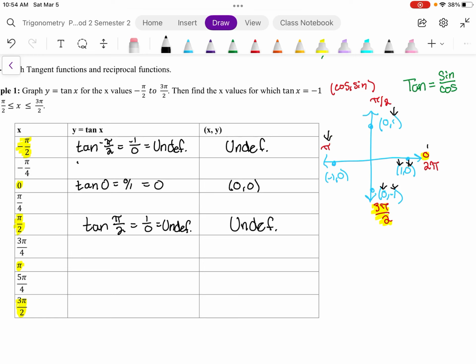And then the tangent of pi, that is going to be 0 over negative 1, which is just 0. And the tangent of 3 pi over 2, just like last time, that will be negative 1 over 0, which is undefined.